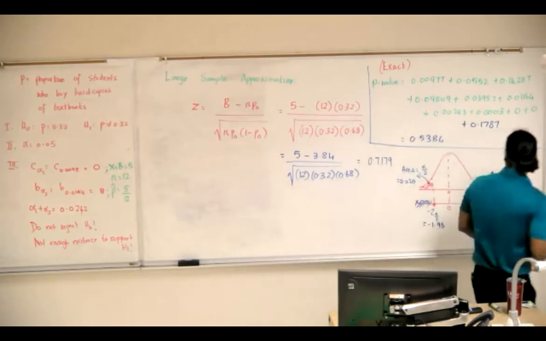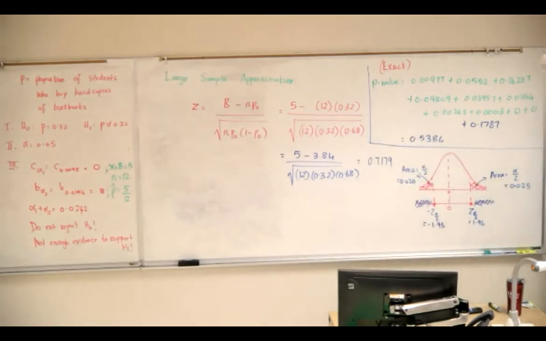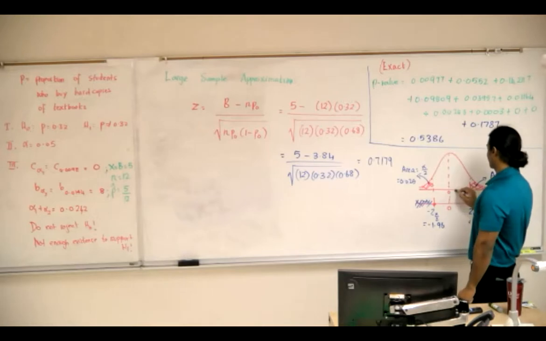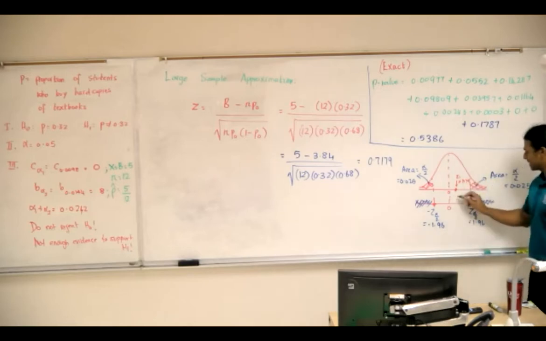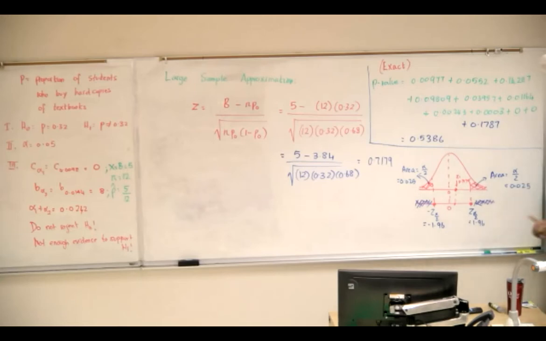Where does the test statistic fall? 0.7179, it's right over here. Did the test statistic fall in the rejection region? No. Should we reject the null?